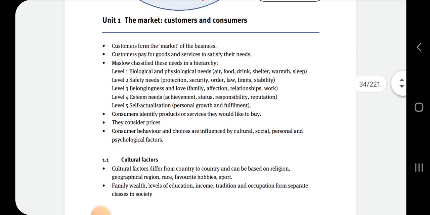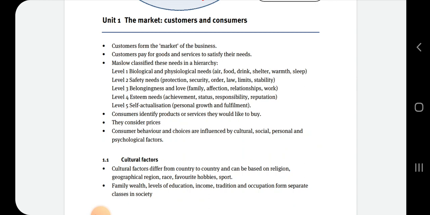In the market environment we have customers, consumers, or you can say clients. Customers form the market of the business. Market is who we are servicing, who we are selling to. So customers make up the market of the business.